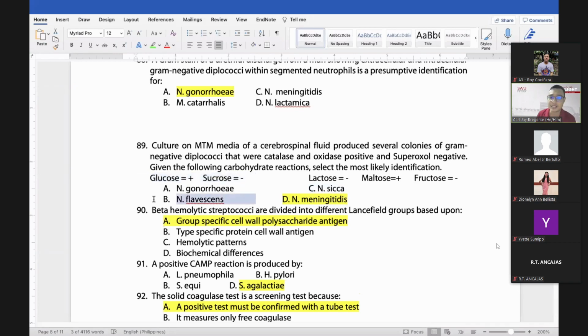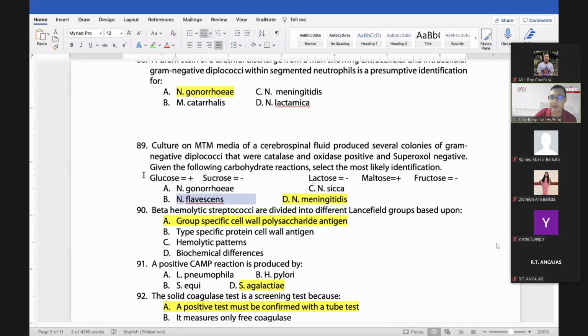Neisseria flavescens is negative to all sugars. Again, it does not mean that a positive flavescens will produce fermentation of fructose. Neisseria flavescens is negative for all sugars.